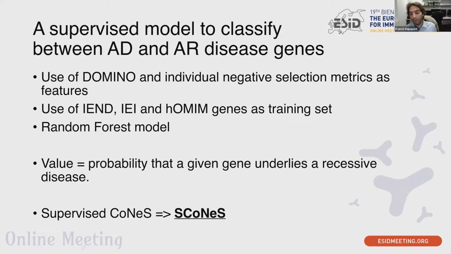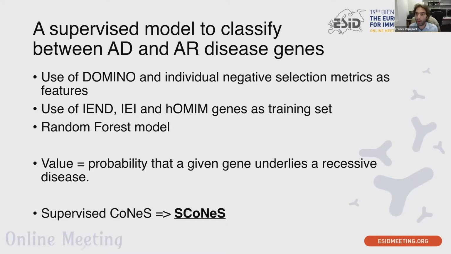So finally, another thing that we wanted to do is to see if we could use negative selection in a supervised model to predict if a gene is likely to underlie a dominant or recessive form of the disease. Once again, the idea is to use this as a hypothesis generating tool. So what we did is that we complemented Domino, which is a supervised score that already does that, with the negative selection score.